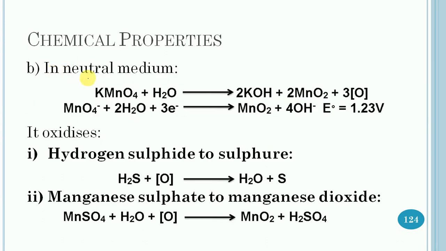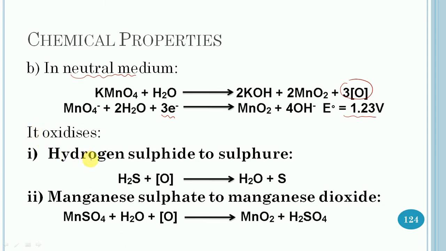Then in neutral medium, potassium permanganate will generate 3 oxygen. The number of electrons exchanged is 3, and the electrode potential for this reaction is 1.23 volt. So let us consider the various examples.